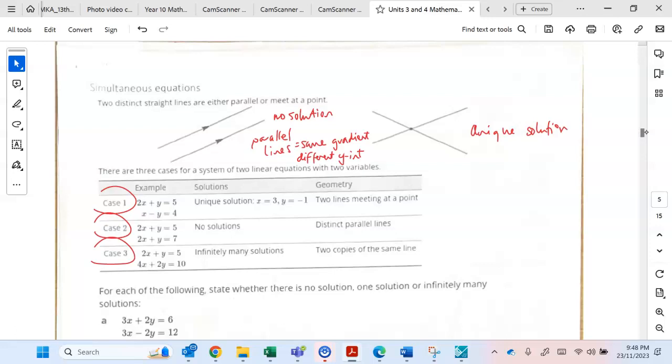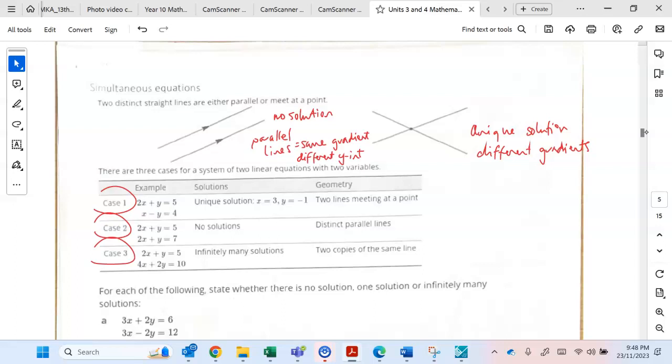So different gradients. They could have the same y-intercept because the intersection point could be on the y-intercept, but with different gradients, immediately they have a solution.